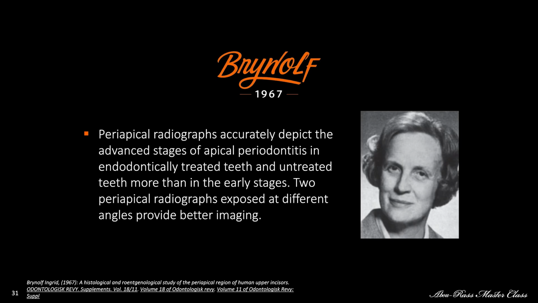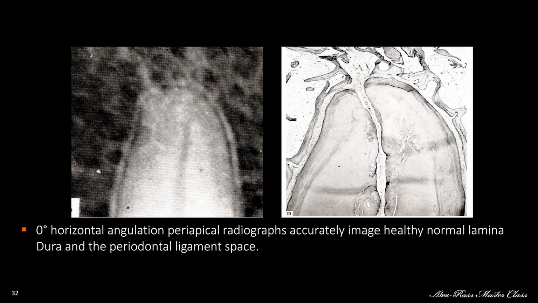Based on her research, phenomenal research, a classic research, she showed that the 2 most important structures are the lamina dura and the periodontal space. And they are the first to go, first to be destroyed, even with endodontic pathology from inside out or periodontal pathology from outside in.